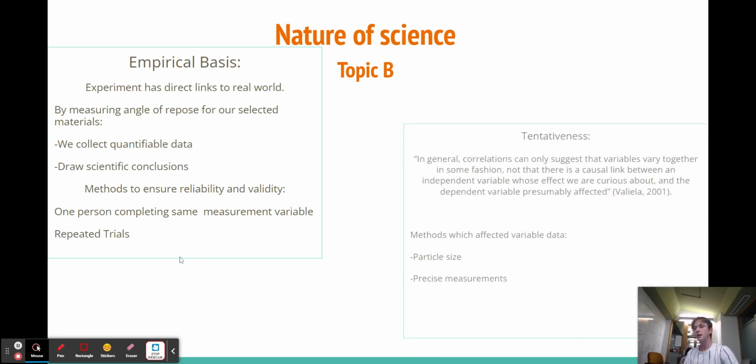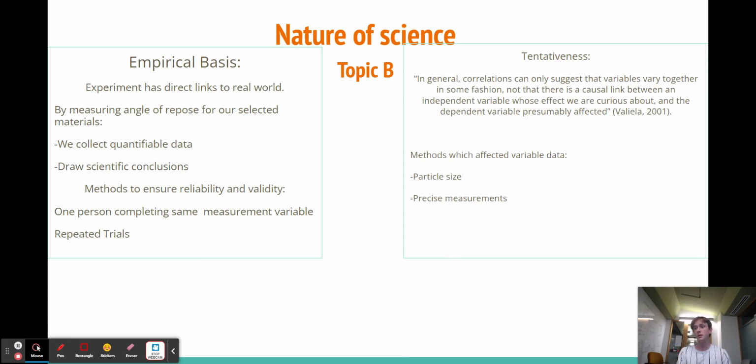Tentativeness. The angle of repose experiment exemplifies tentativeness throughout the correlational study between the diameter size and the angle of repose. In general, correlations can only suggest that variables vary together in some fashion, not that there is a causal link between an independent variable whose effect we are curious about and the dependent variable presumably affected.